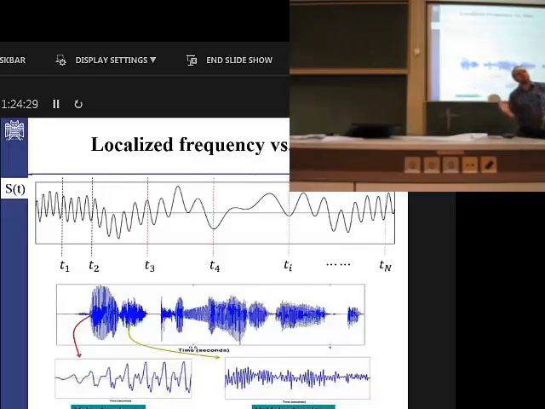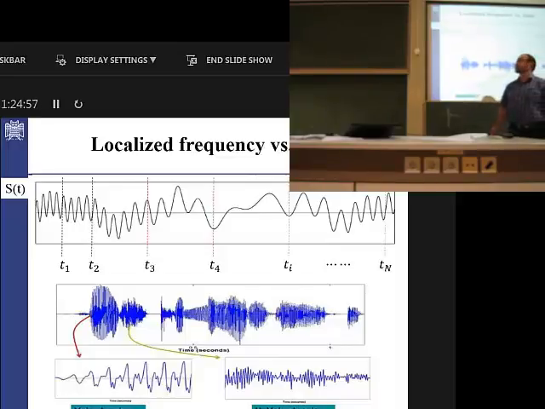Now you move forward, and you go between t2 and t3. You see that you have two frequencies, one high frequency and one low frequency. You get two impulses, so new impulses appear if you go between t2 and t3. Now go between t3 and t4.